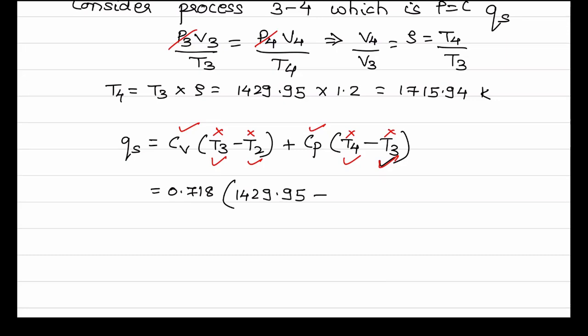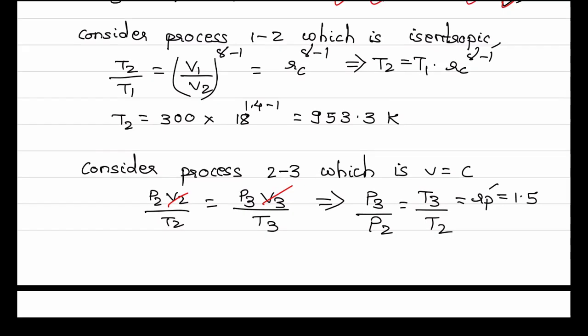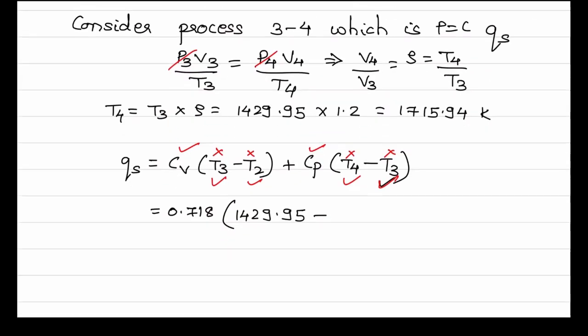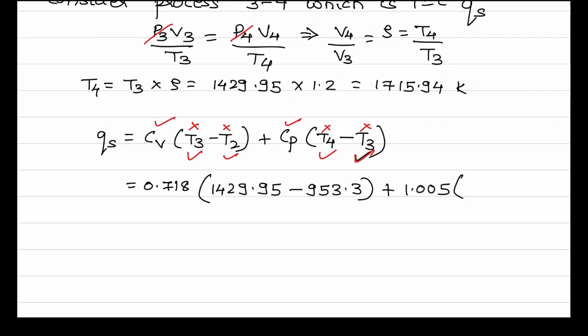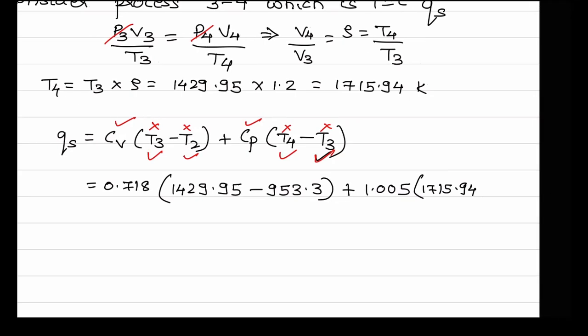The T2 value is 953.3, plus Cp for air, 1.005 kilojoule per kg Kelvin, in bracket, the T4 value we just now calculated, 1715.94, minus the T3 value 1429.95, bracket complete.